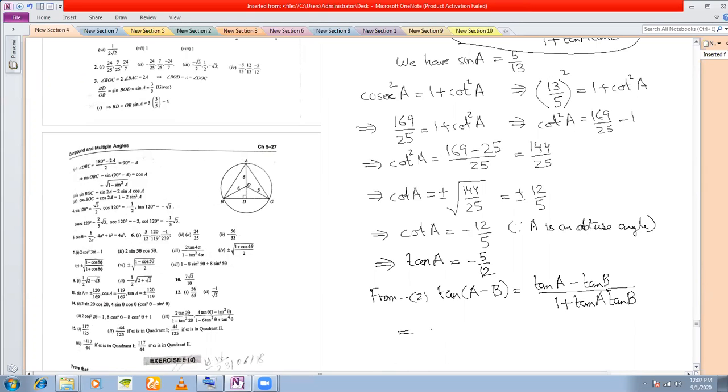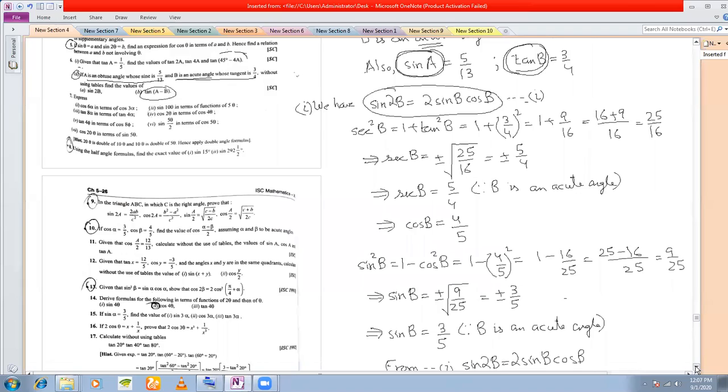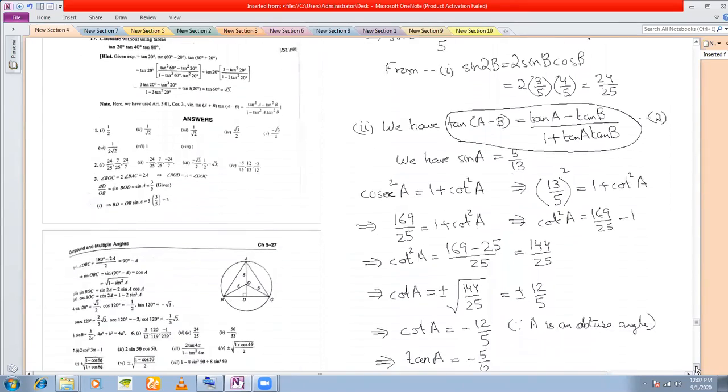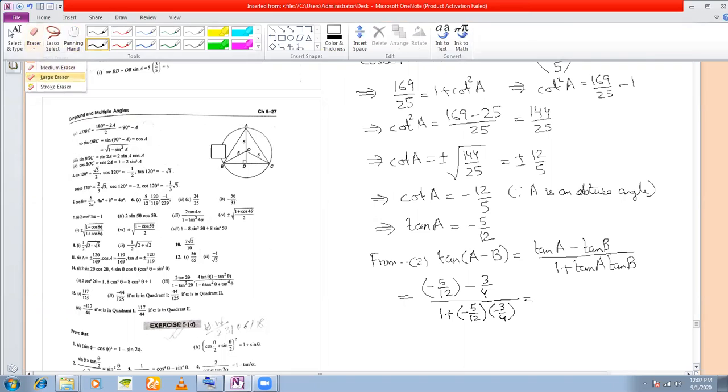Put the values of tan A and tan B. Tan A is minus 5 by 12, and tan B we have been given here as 3 by 4. Now you take the LCM and you find out the value.